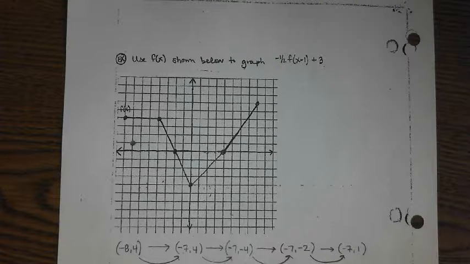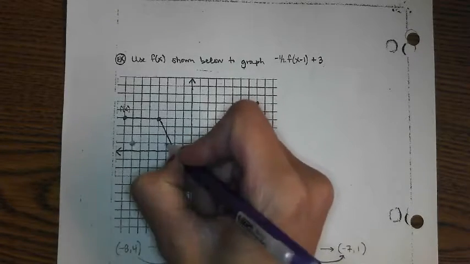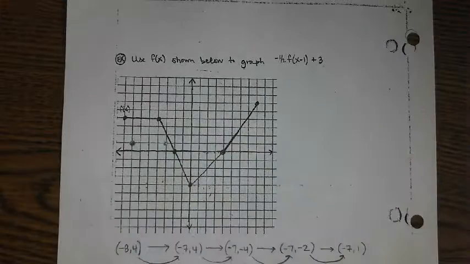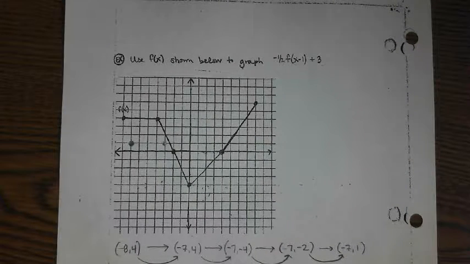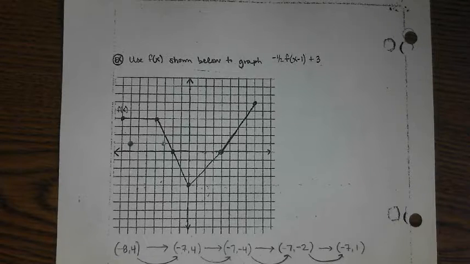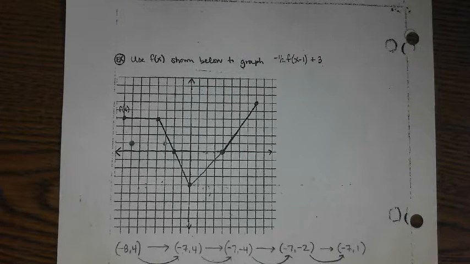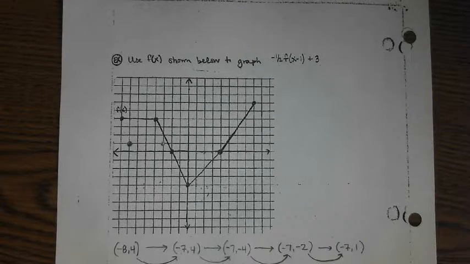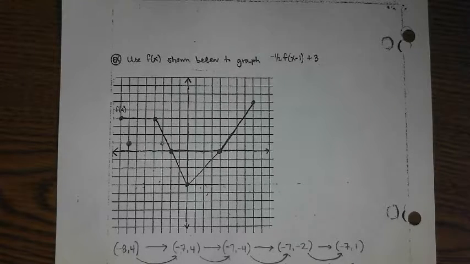Negative 3, 1. Did anyone get anything different? Good. That's what I got. Liz, what did you get for negative 2, 0? What did that become? Negative 1, 3. Did anybody get anything different?